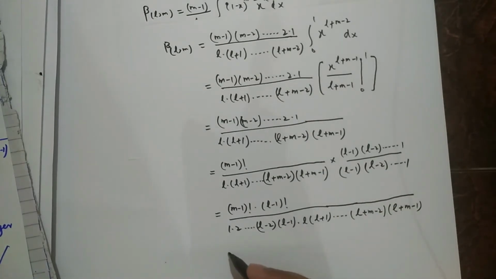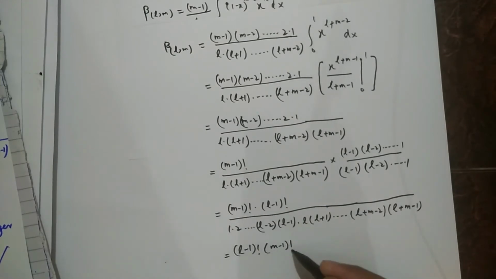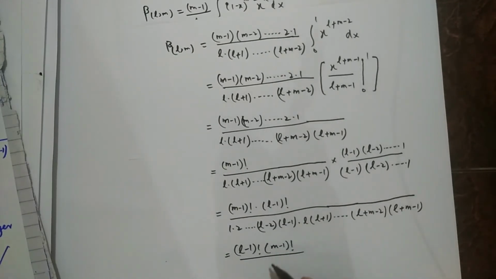So in the denominator, by writing this L minus 1 before and m minus 1 after, this is the L plus m minus 1 whole factorial.